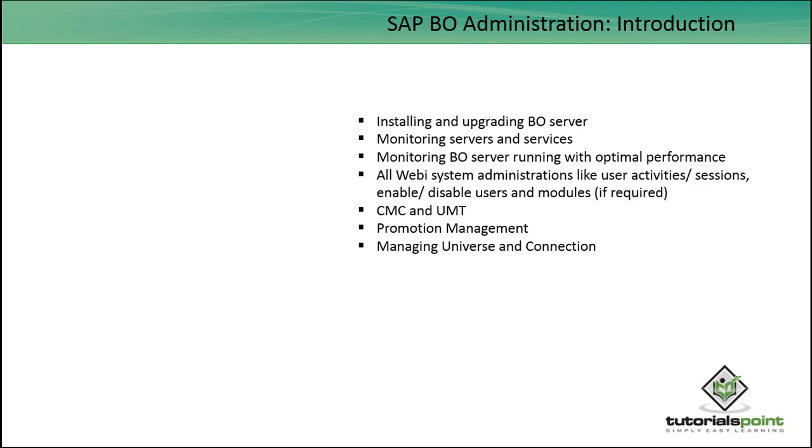For example, the Web Intelligence Scheduling Service is a subsystem that runs on the Adaptive Job Server, whereas server is used to describe an operating system level process. For example, the Central Management Server, that is the CMS, and the Adaptive Processing Server are servers. A server runs under a specific operating system account and has its own PID.